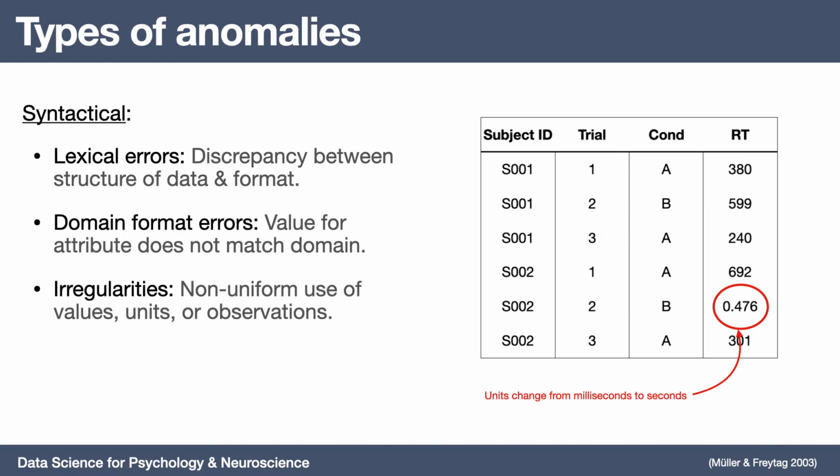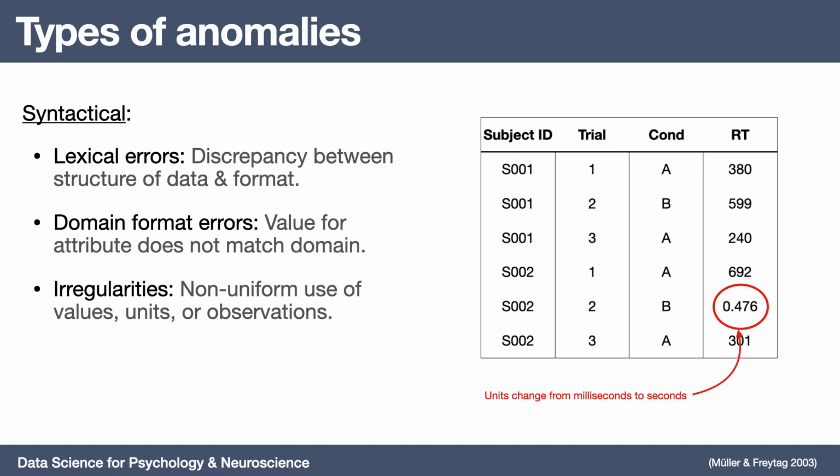You'll also see this when you are using, let's say, accuracy as being correct or incorrect and it accidentally gets replaced with an I or a C or a 0 and a 1. These irregularities happen quite a bit with human manual entry into data tables, but it can also happen from other types of errors if you have automated data collection and writing tools like a PsychoPy or ePrime script that collects your data.